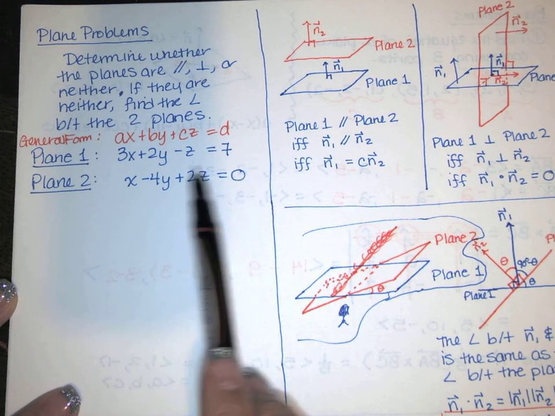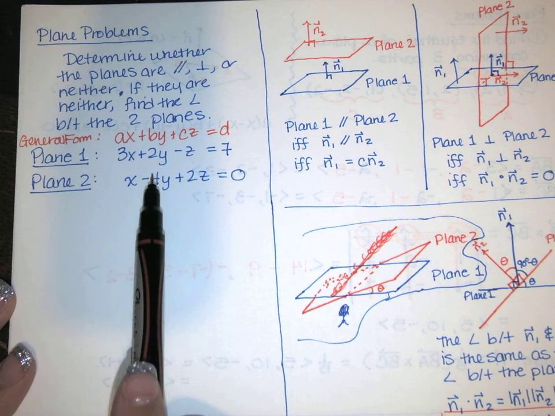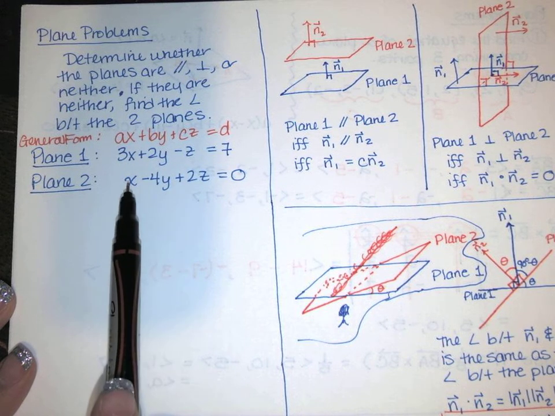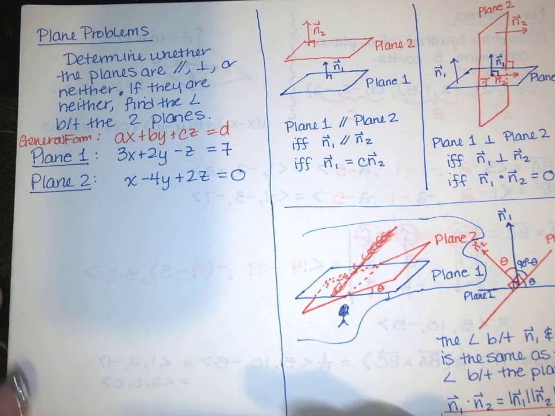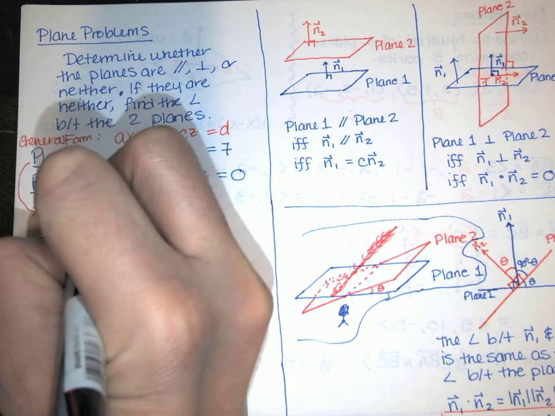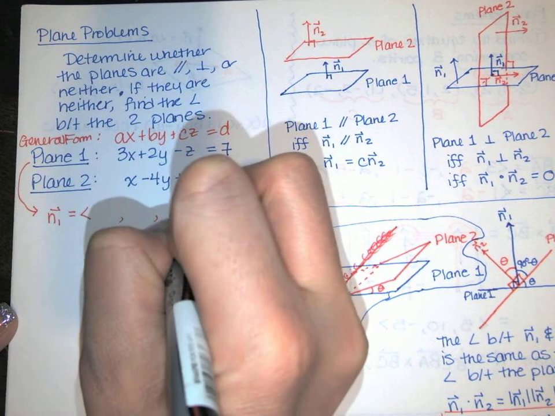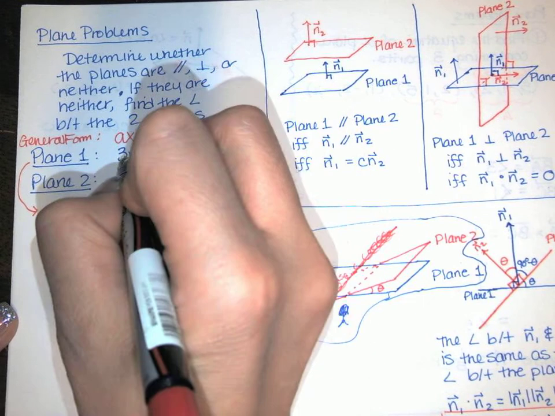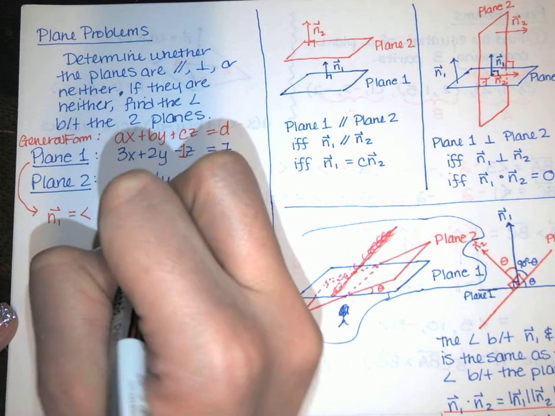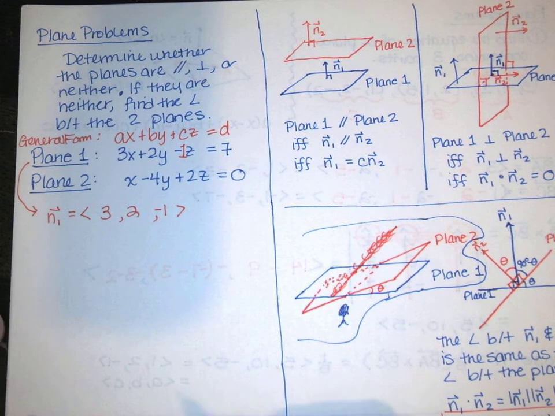So if I'm given an equation of a plane and I want the normal vector, all I have to do is read off the A, the B, and the C. Same thing here. The normal vector to plane 1 comes from the coefficients of x, y, and z in plane 1. So there's a 3, a 2, and an implied -1. That's our first normal vector.